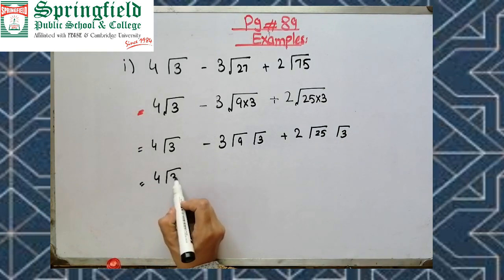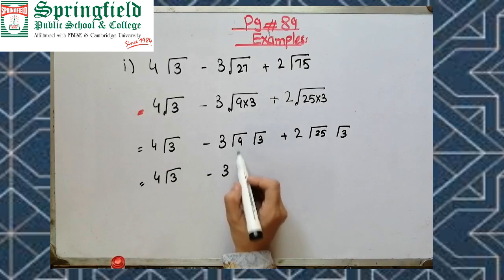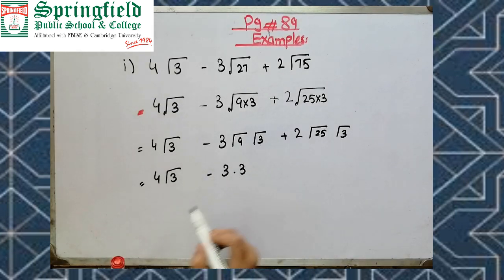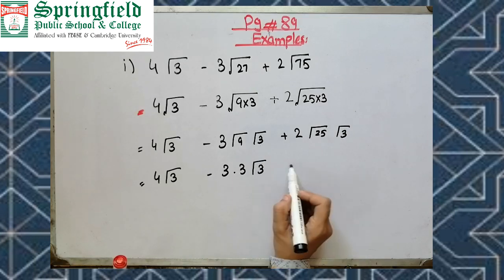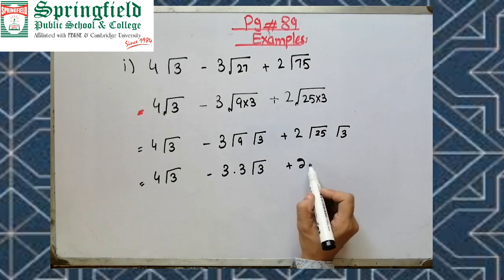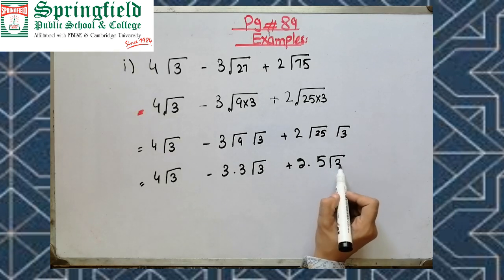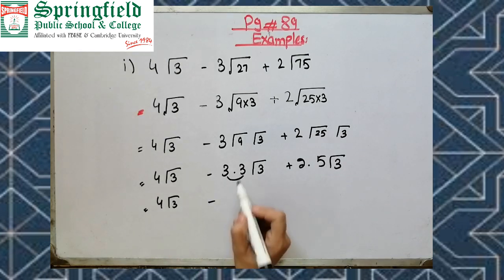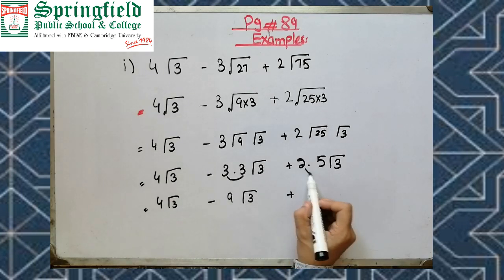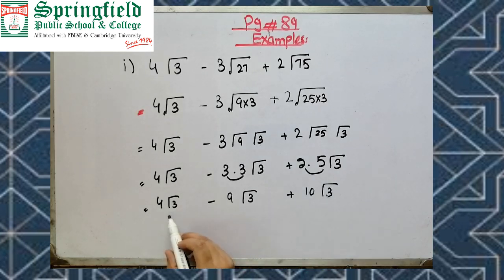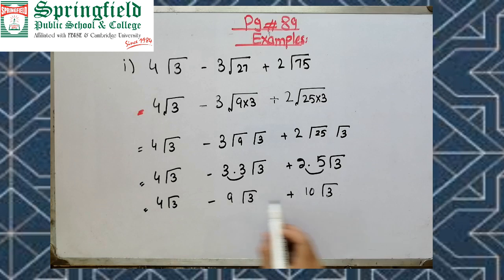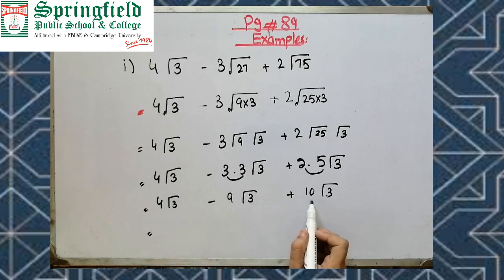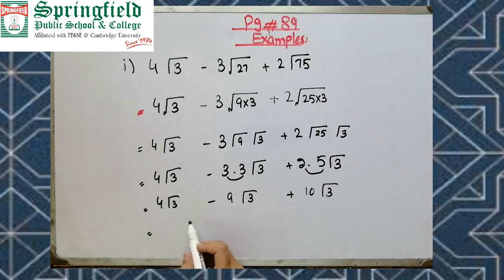So 4 under root 3 minus 3, the square root of 9, as we know, is 3. Then under root 3 plus 2, the square root of 25 is equal to 5 under root 3. So 4 under root 3 minus 3 will multiply with 3. 3 3s are 9 under root 3 plus 2 5s are 10 under root 3. So look at here, all the third numbers are same, which means we can take common under root 3 from all the numbers.